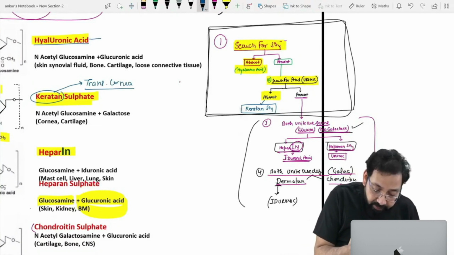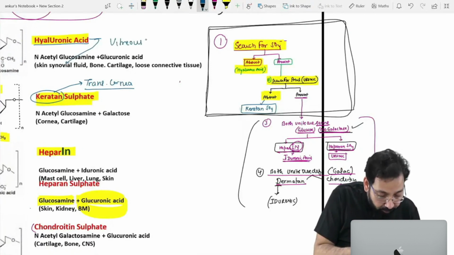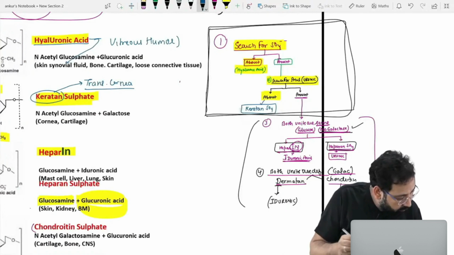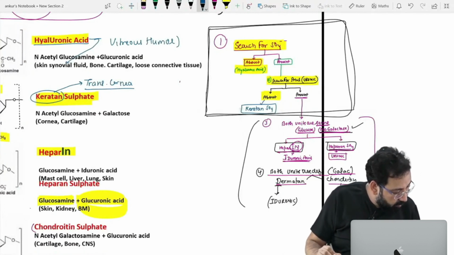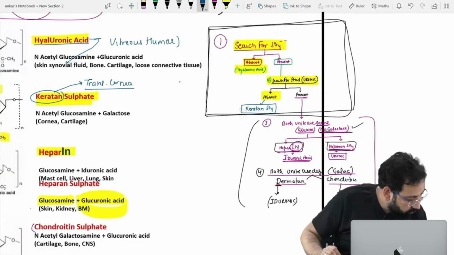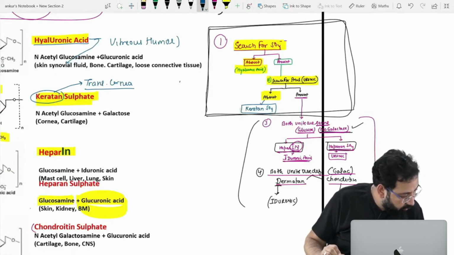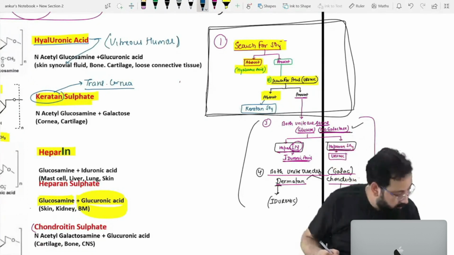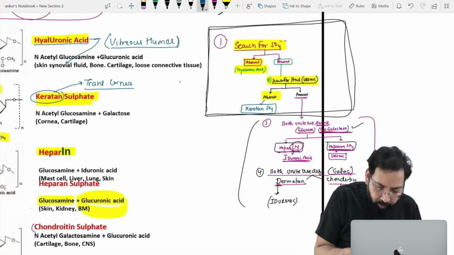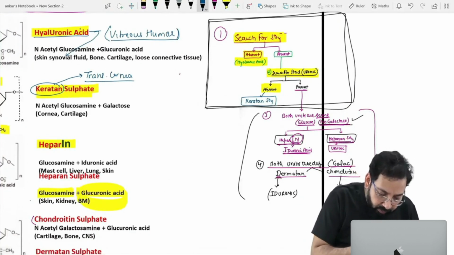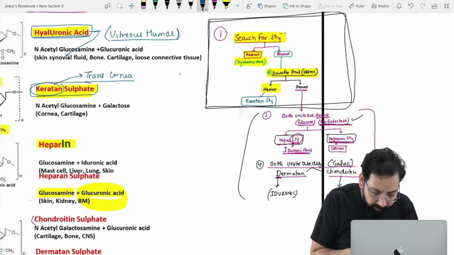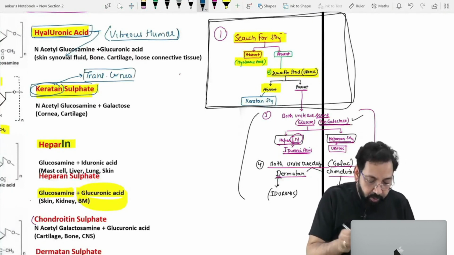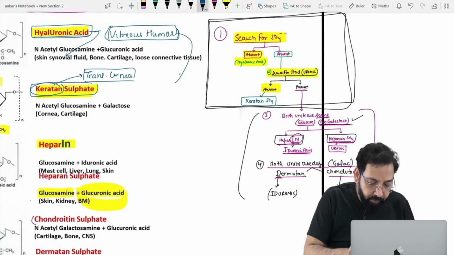Hyaluronic acid is present in synovial fluid and vitreous humor. So the question was asked on hyaluronic acid and keratan sulfate. Vitreous humor and cornea, both are found in the eye.